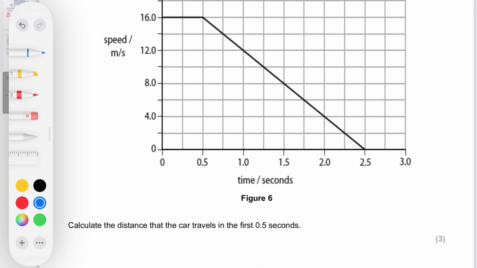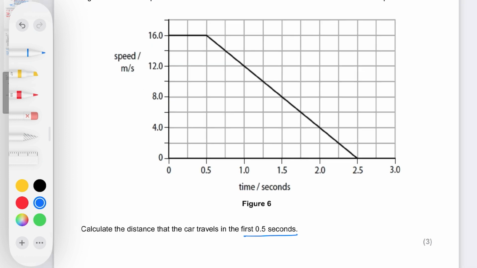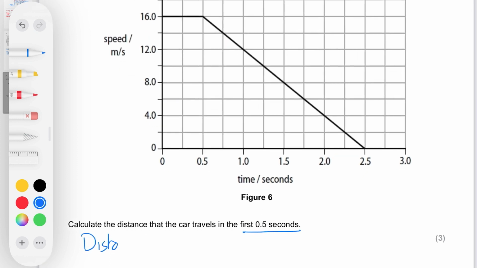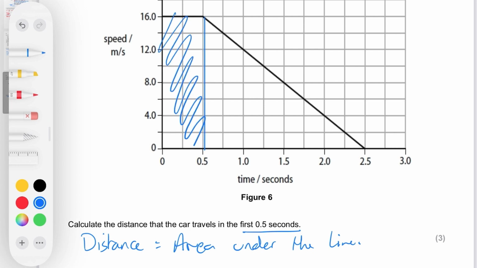Find the distance the car travels in the first 0.5 seconds. So remember, distance equals area under the line. So we want to find this shape here. We've got 0.5 width, and a height of 16.